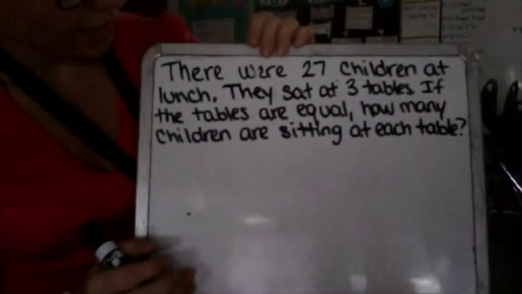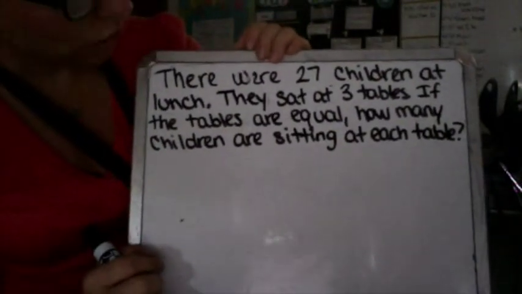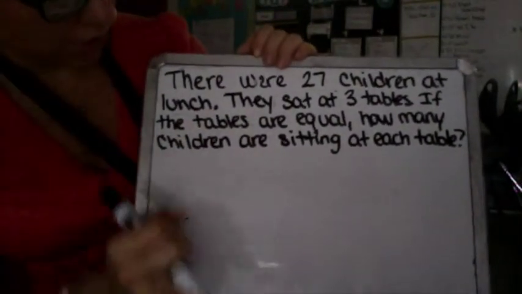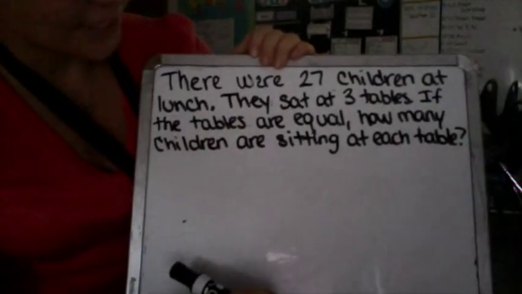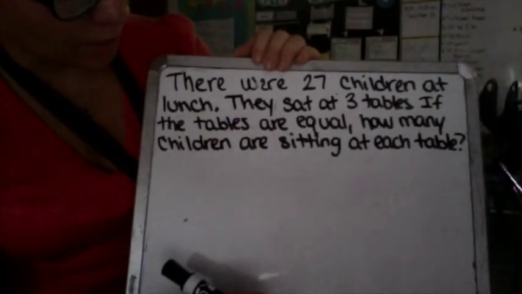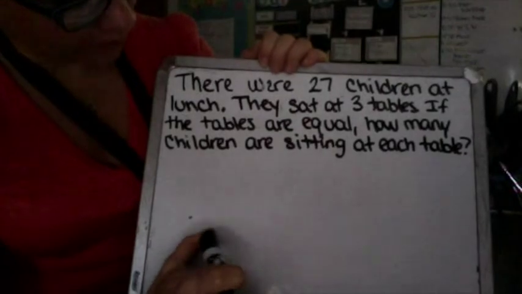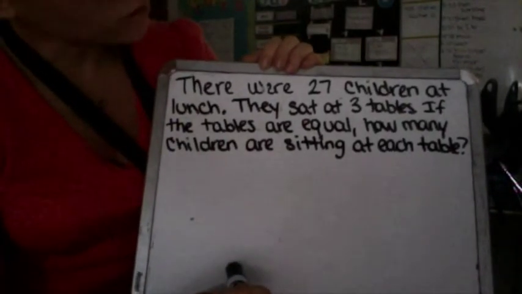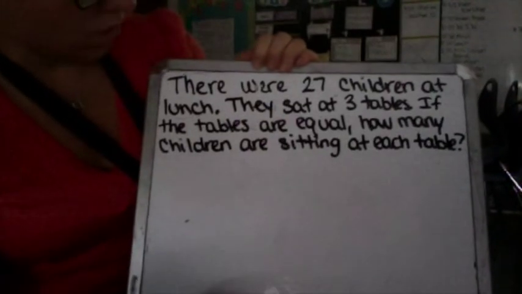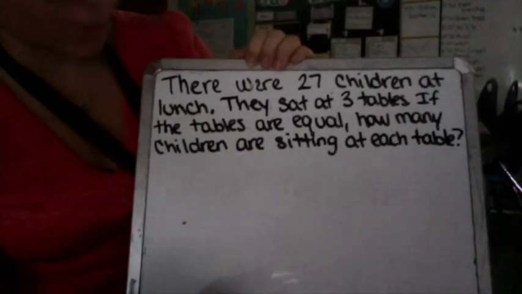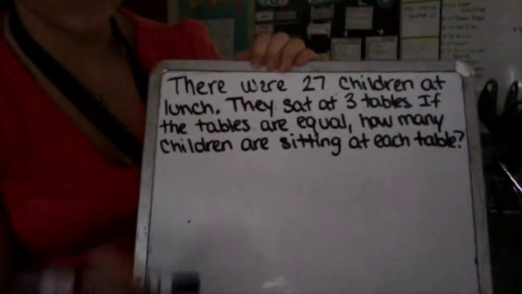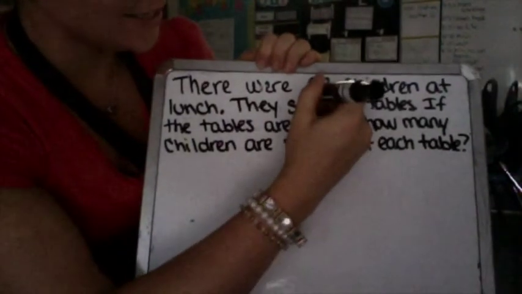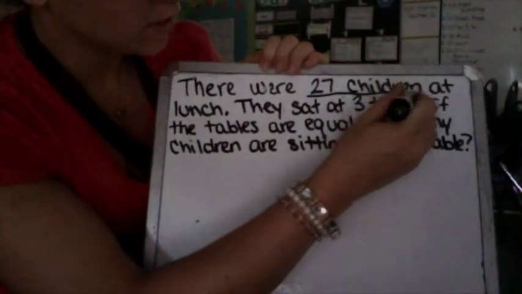Let's go ahead and do a story problem. Erase your board. It says there were 27 children at lunch. They sat at 3 tables. If the tables are equal, how many children are sitting at each table? So let's go back through and pull out what we know. There were 27 children at lunch. From that, I know that there's 27 children.